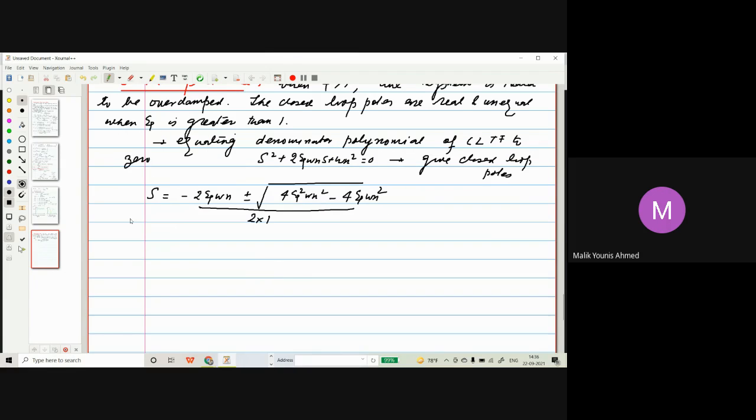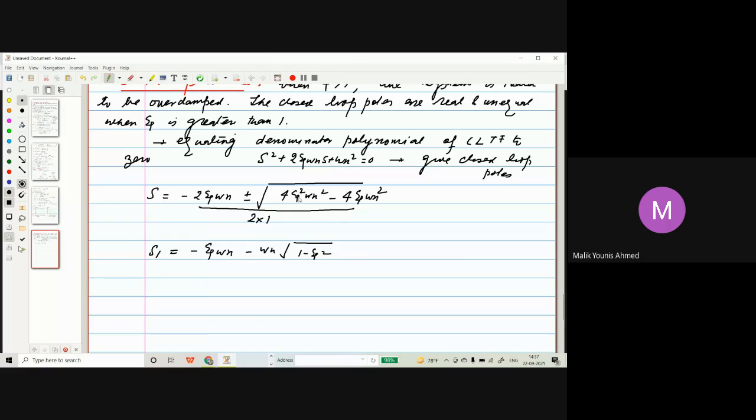So root number 1 will be minus xi omega n, because it will be divided by 2, minus omega n under root of 1 minus xi square. You can see clearly 2 will be divided, xi omega will be here, with the minus plus part. So what can you take common?